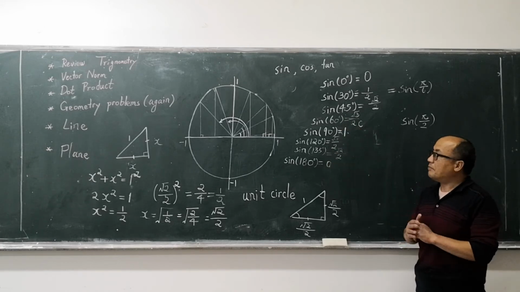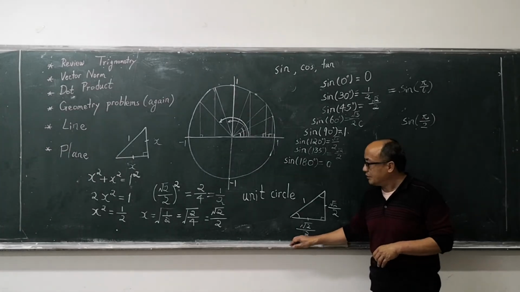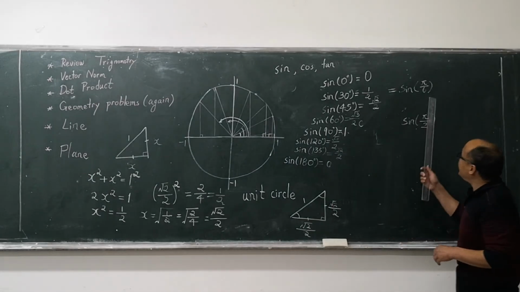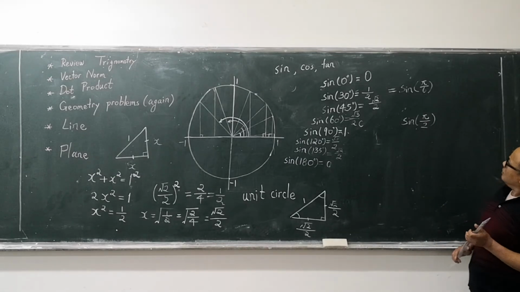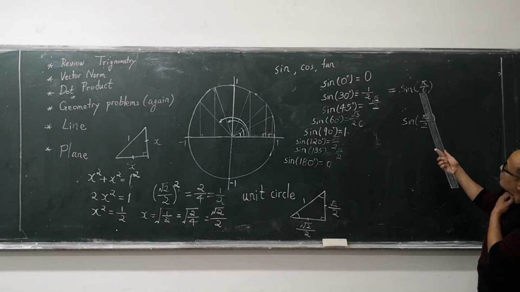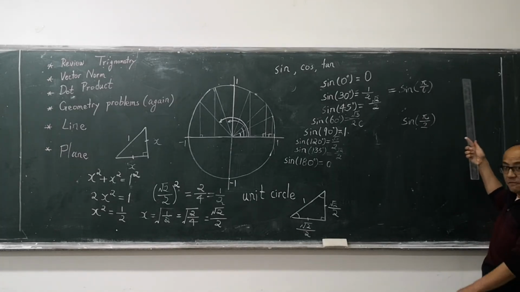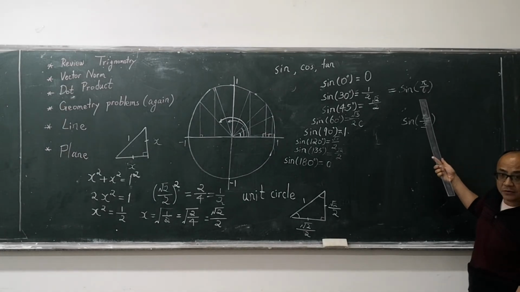However, in our mathematics, most of the time we don't use this. We use this. You see, is this an angle? Pi is 3.14, right? Yes. This is not an angle.